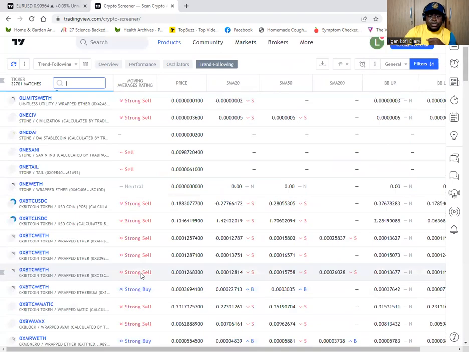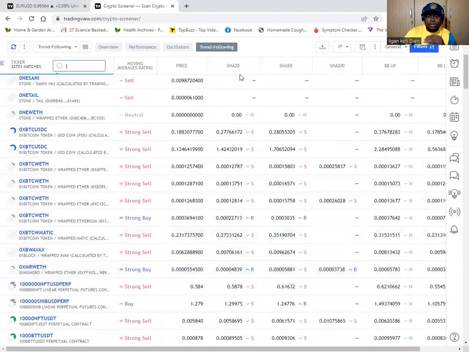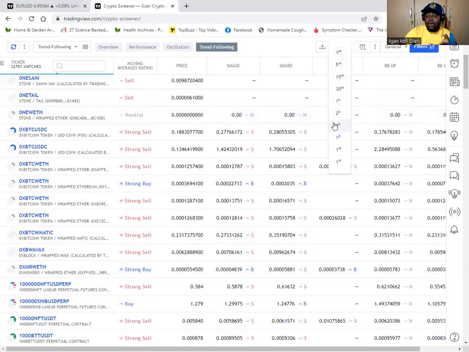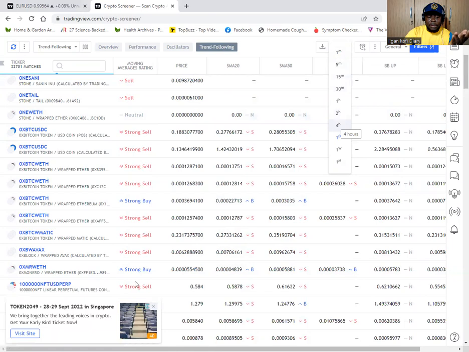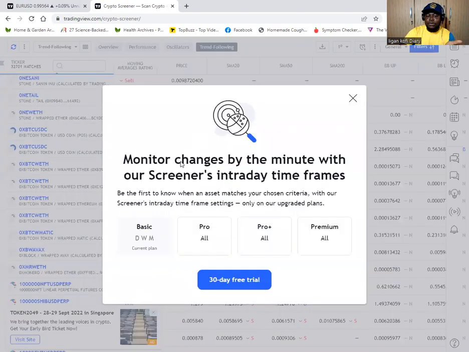Is that okay? So that is all about the screener, and you need to be careful and know what time frame you are using, whether you want to use the daily or the weekly. Like I said, if you want to use the 4 hour, it will not allow you because you have not subscribed or paid for that. They're asking you to upgrade.